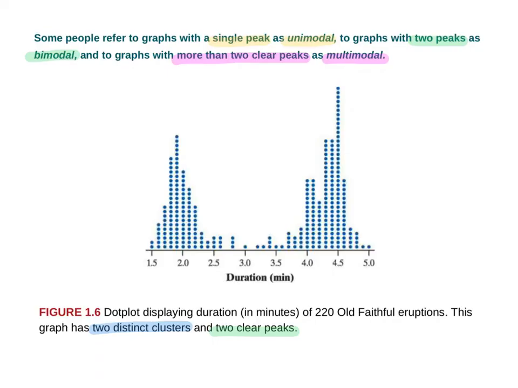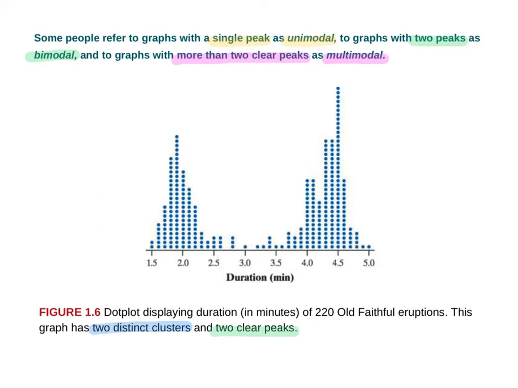And now you may be asking, what about dot plots that aren't skewed or roughly symmetric? What do we call those? Great question. There are a lot of different graphs depending on the amount of data that you have to display. For example, when you have something that has one single peak, where a lot of your data points are at one point, that could be skewed.